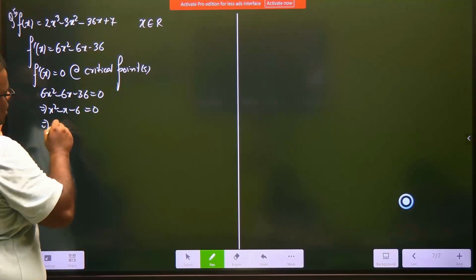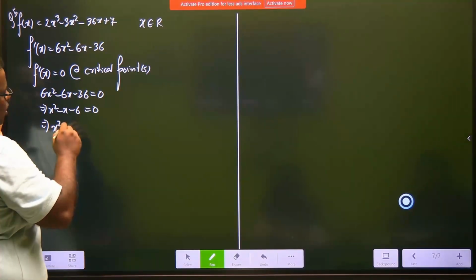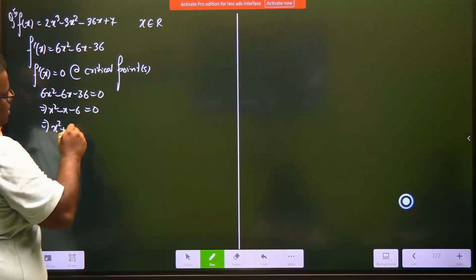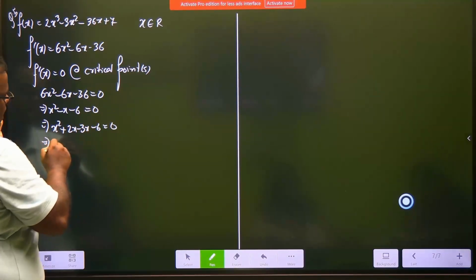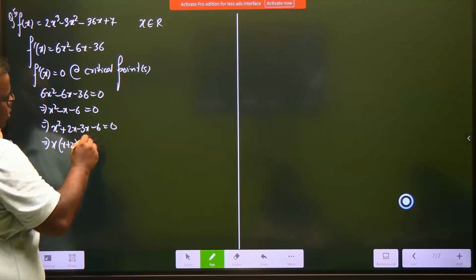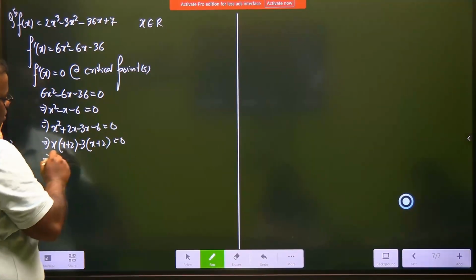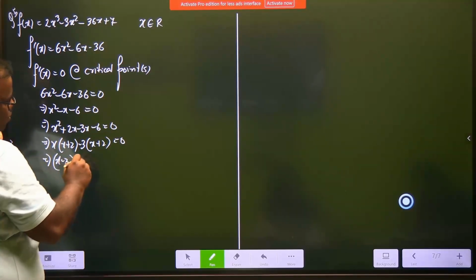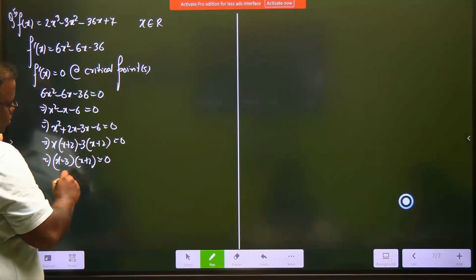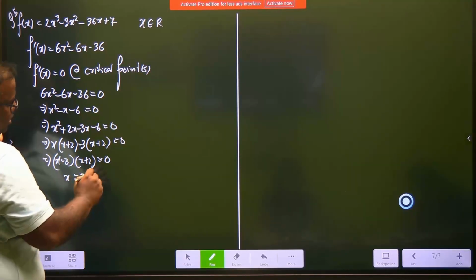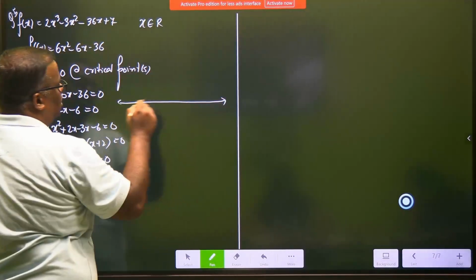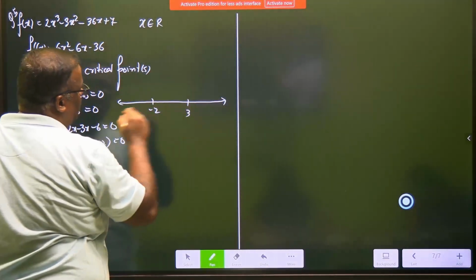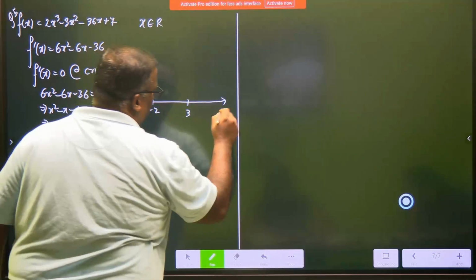So x square plus 2x minus 3x minus 6 is equal to 0, or x into x plus 2 minus 3 into x plus 2 is equal to 0. So x minus 3 into x plus 2 is equal to 0, so x is equal to 3 and minus 2.